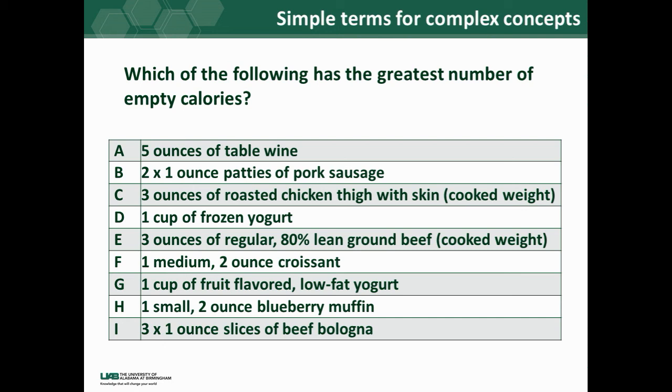As I was going through the USDA's website, I came across a table of the number of empty calories in different foods. I thought this might be another fun question to ask this group: which of the following has the greatest number of empty calories? 5 ounces of table wine, 2 ounces of pork sausage, 3 ounces of roasted chicken thigh with skin, 1 cup of frozen yogurt, 3 ounces of regular 80% lean ground beef, 1 medium 2-ounce croissant, 1 cup of fruit-flavored low-fat yogurt, 1 small 2-ounce blueberry muffin, or 3 1-ounce slices of beef bologna.